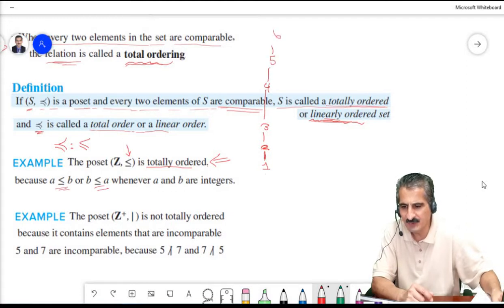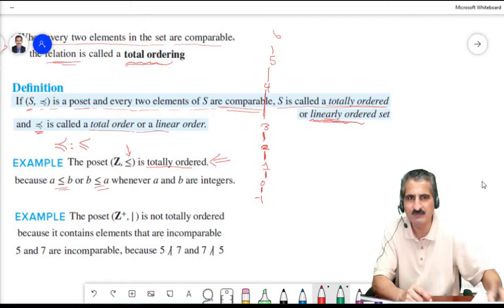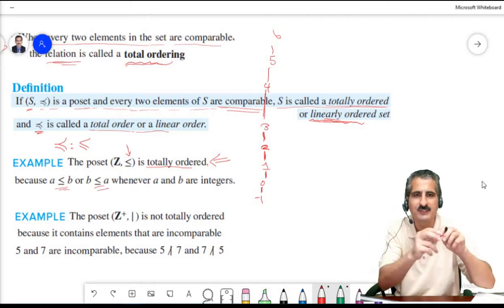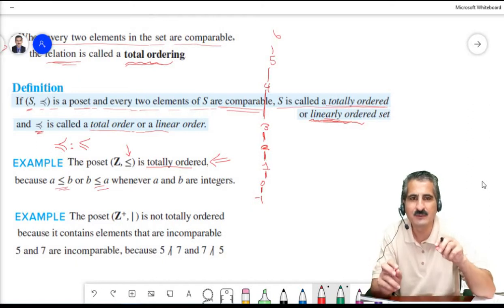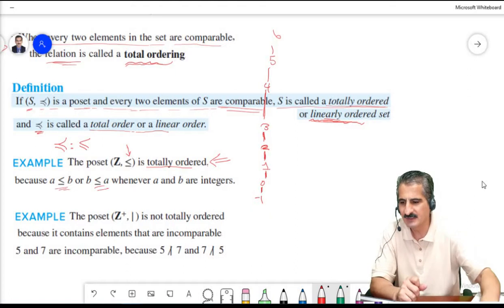This is 0 here, -1 here. When I demonstrate the relation using what we call later, in a little while, Hasse diagrams, then I can put them in order in one line. In one line. That's why we call it linearly ordered.